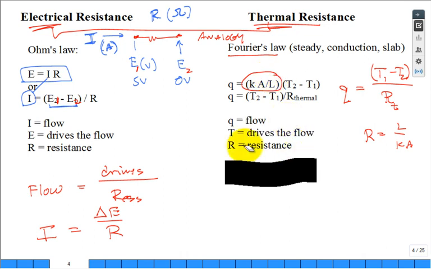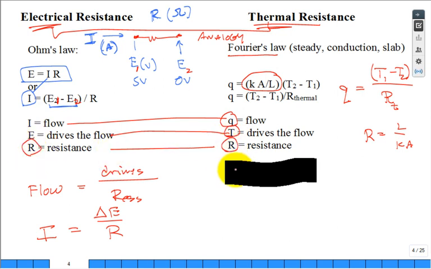And now we see we have our flow, just like our current. We have something that drives the flow: the difference in temperature. If one side of the slab is 20 degrees C and the other side's 20 degrees C, they're the same temperature, steady state, nothing's happening. But temperature difference drives the flow, and then we have electrical resistance. The analogy is thermal resistance.